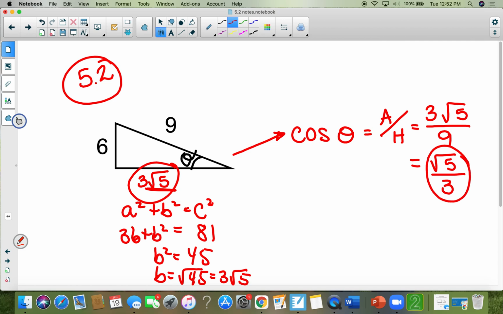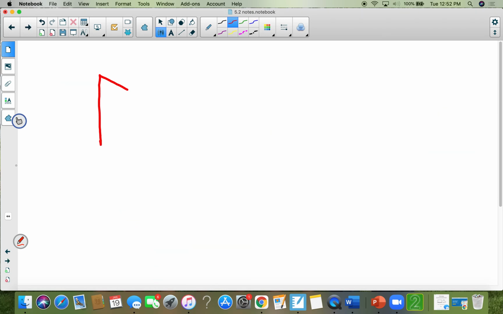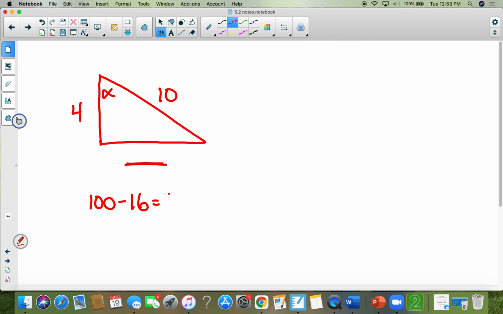I'll do one more and I think we're done with notes. Let's make this alpha. Let's make this a 4. Let's make this 10. To find the missing side, it's going to be 100 minus 16 equals the missing side, b squared. 100 minus 16 is 84, equals b squared.